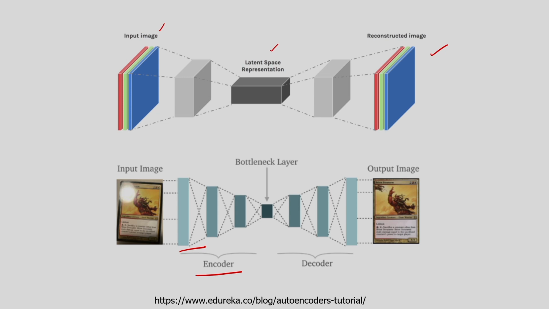So I am getting the bottleneck layer, that is nothing but the latent space representation, and after this I have the decoder. This layer decodes the encoded image back to the original dimension. The decoded image is a lossy reconstruction of the original image, and it is reconstructed from the latent space representation.